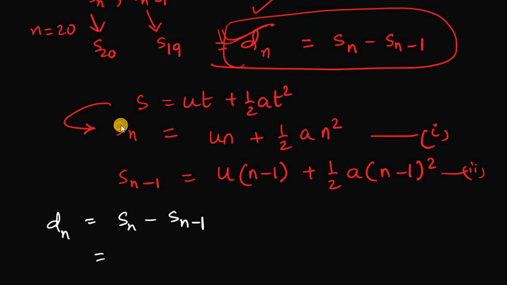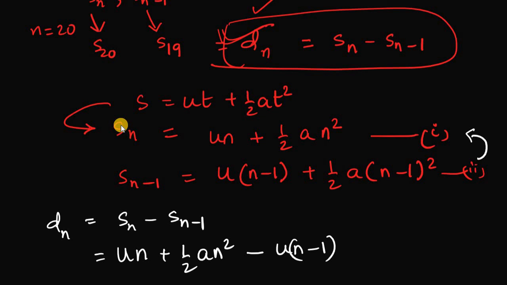So I'm just going to subtract the second equation from the first equation. I'm going to write the same thing: un plus half a n square minus, in brackets, u into n minus 1 plus half a into n minus 1 whole square. Now you need to solve it, because it is very important that you solve it.